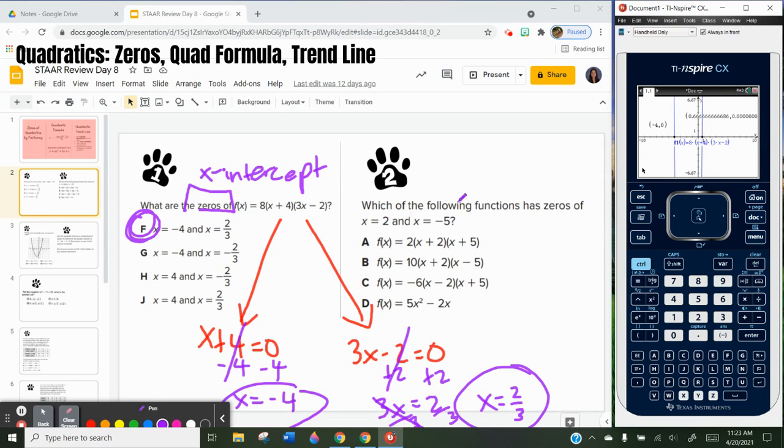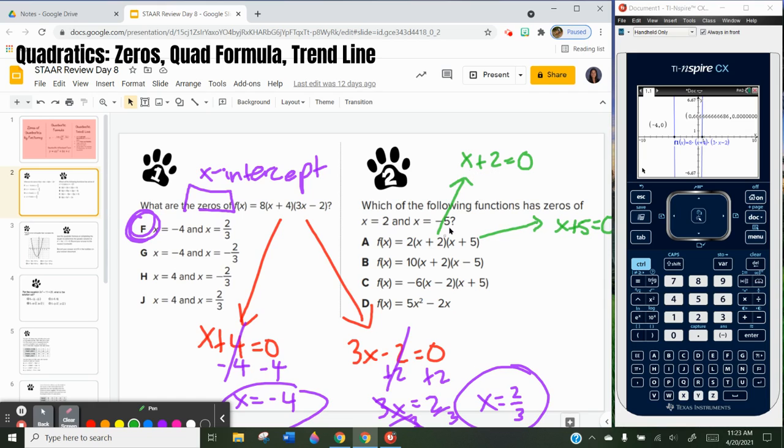For problem number 2, it says, which of the following functions has zeros of 2 and -5? So here, we're kind of working the other direction. We are given a whole bunch of equations, and we're trying to figure out which one would give me a 0 of 2 and -5. So looking at the first one, I'm going to set the first factor, x plus 2, equal to 0.